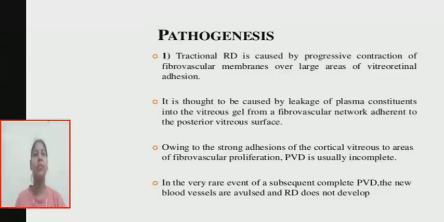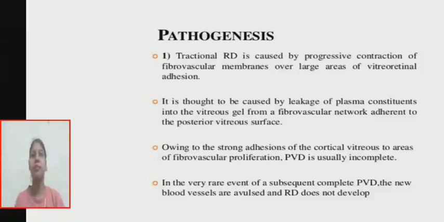It is thought to be caused by leakage of plasma constituents into the vitreous gel from a fibrovascular network adjacent to the posterior vitreous surface.